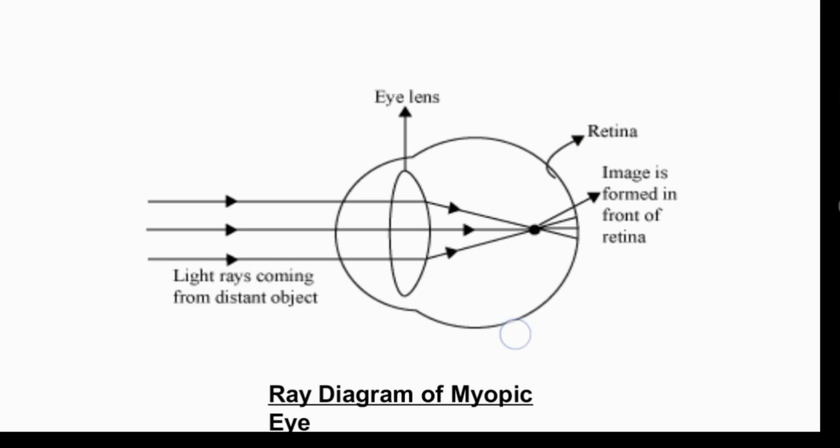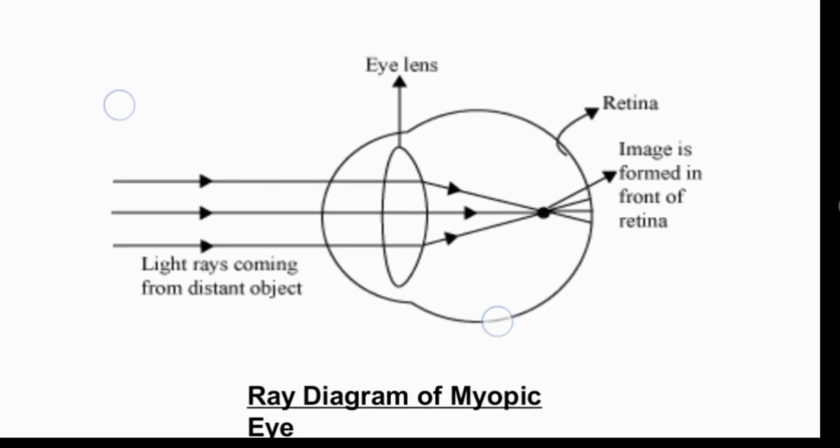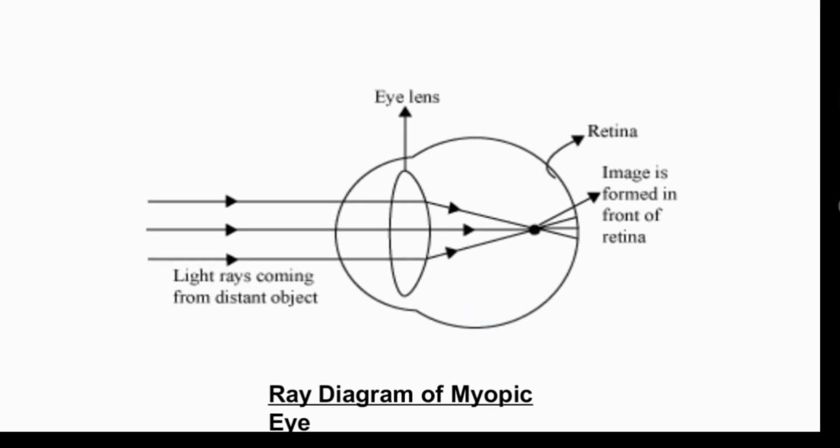There are two conditions over here. As I have already told you, they are further classified into different types, but we are discussing the introduction at a basic level, so I'm not getting into much detail. What is important for you to know right now is that the rays are focused in front, and the power of the eye is very high and the eye is very strong over here.